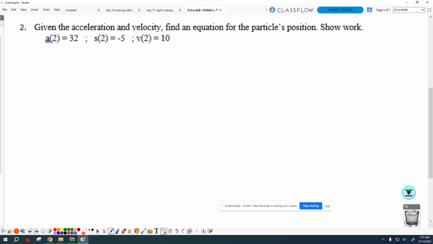So we can, you see that the position is at -5. So acceleration is 32. Velocity is the integral of acceleration. And to use notation from physics, they'll use v sub 0. Which actually, I should not do that because I didn't give you initial velocity. I gave velocity at 2 is 10.